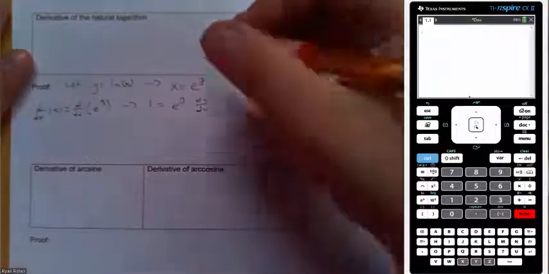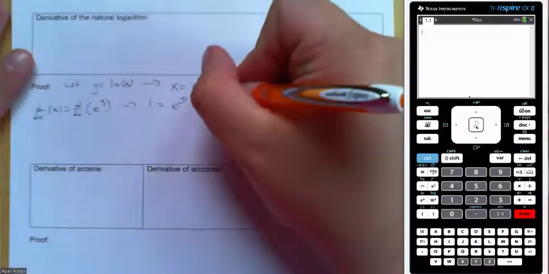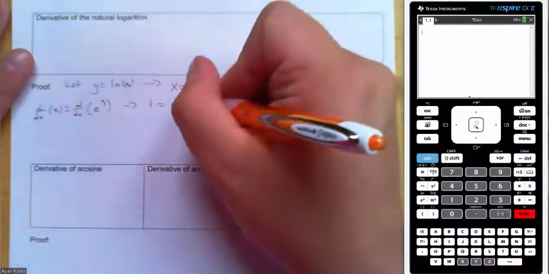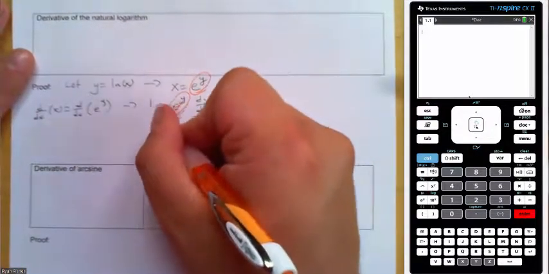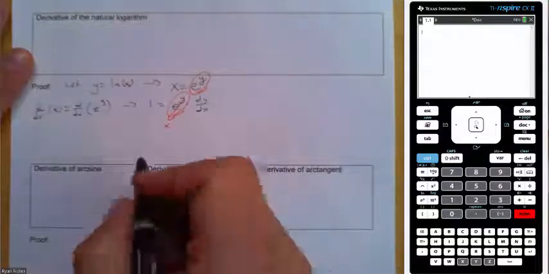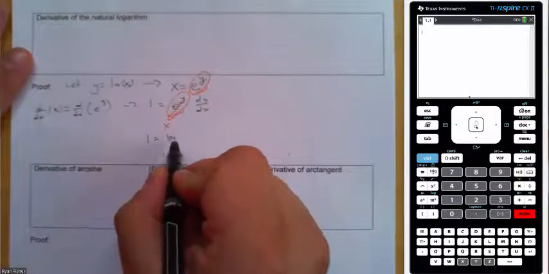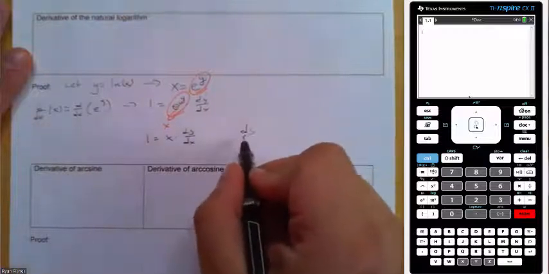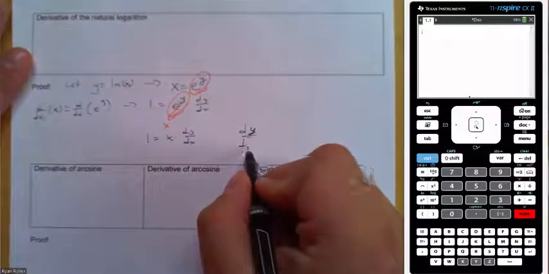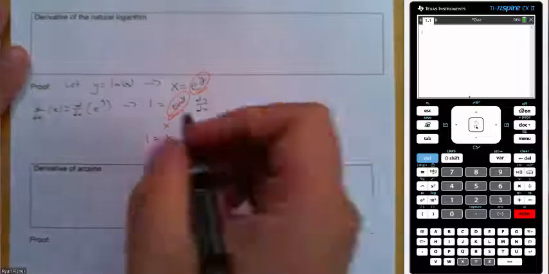What's nice is that we know what e to the y is equal to. This is just x. So this is really saying 1 equals x times dy dx, or better yet, dy dx is equal to 1 over x.